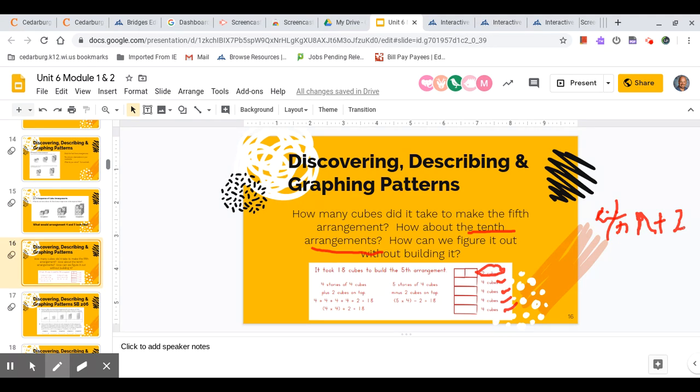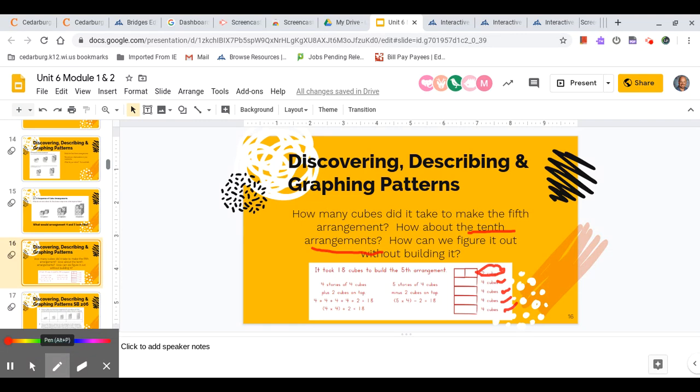So if that were true, I would multiply 4 times 5, correct? Because that would be my 5th arrangement, and then add 2. That equaled 22. Now, I only had 18 cubes here, so that would be incorrect. So what am I going to have to do to my equation to make sure I have 18 cubes?